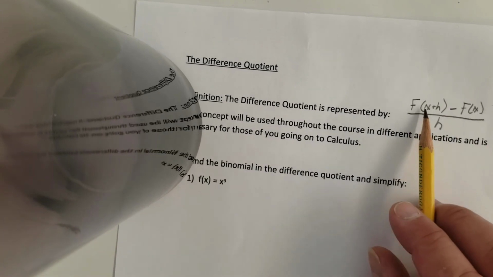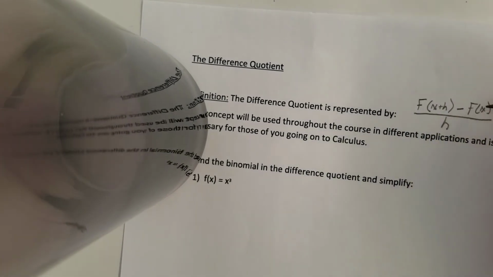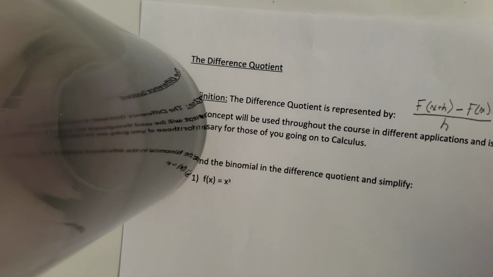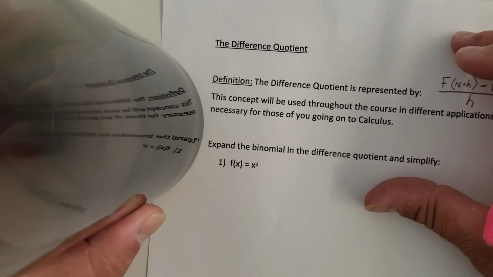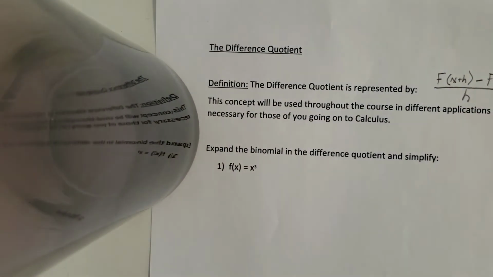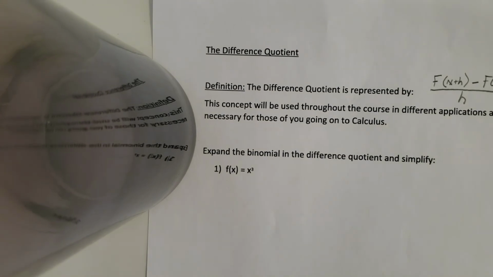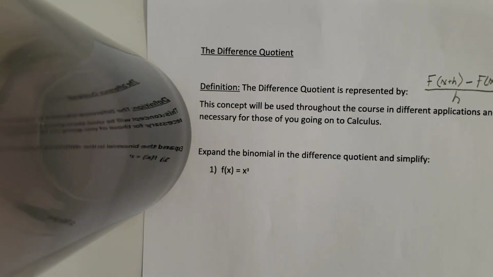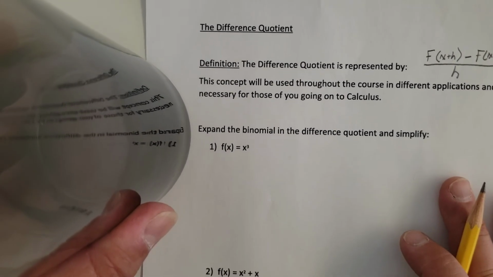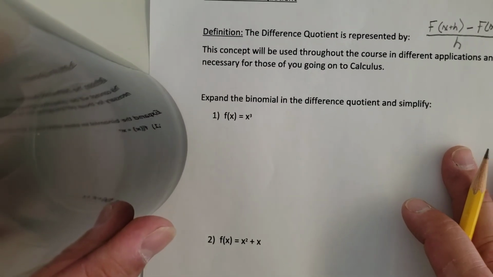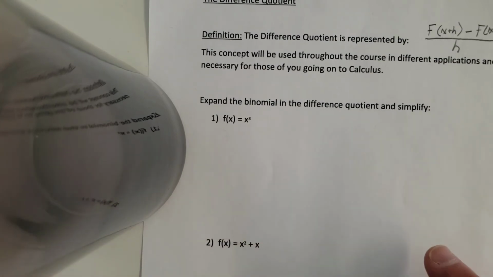Okay? F of x plus h minus f of x over h. And this is a concept that we will go back to throughout the course for different applications, and you'll also be using it as you go forward in calculus. And I'm going to show you how it works. We're going to expand the binomial in the difference quotient and simplify.